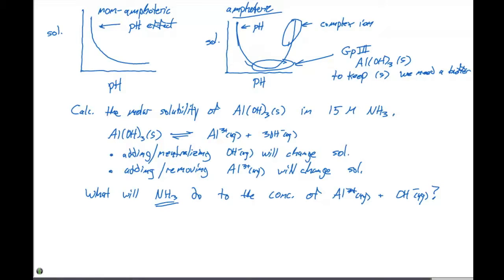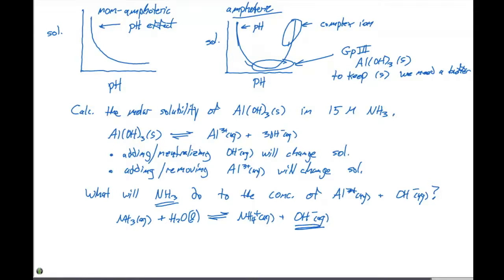Remember that since we have an aqueous solution, if I'm adding the ammonia to that solution, we have NH3 in aqueous solution plus water forming an equilibrium to give us NH4+ and OH-. So don't forget that the ammonia will form this equilibrium, and by adding ammonia, we are furnishing this equilibrium with OH- ions.